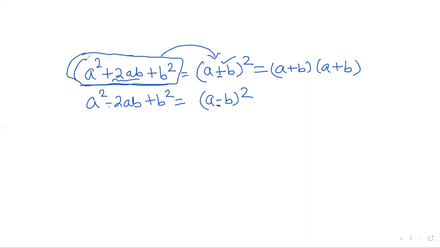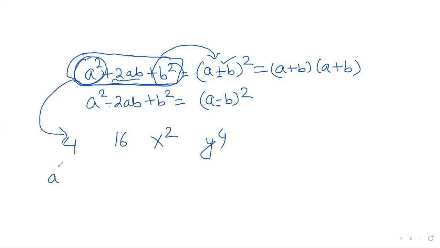Now here, a square and b square are terms like 4, 16, x square, y to the 4. If the first term is 4, then a square is equal to 4, which means you take the square root on both sides, so a is equal to 2. Even though there is plus and minus 2, in this case the positive one will work.